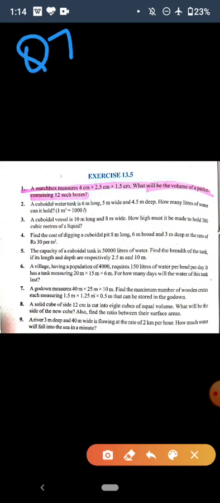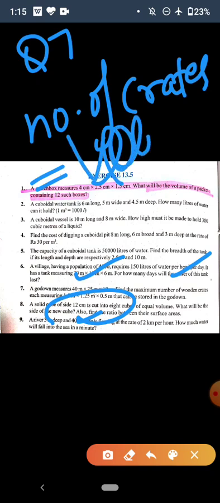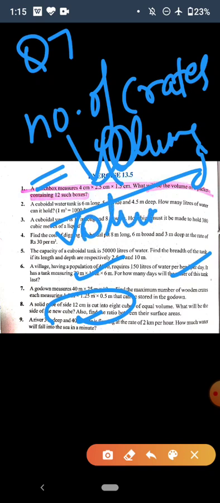Then question number 7, a godown measures 40 meter, 25 meter and 10 meter. These are the dimensions of the godown. How many crates can be put here if the volume of a crate is this? So you have to find out the number of crates. This is a very important and easy question, can be asked in MCQ exam. So you have to find the volume of godown divided by volume of one crate.